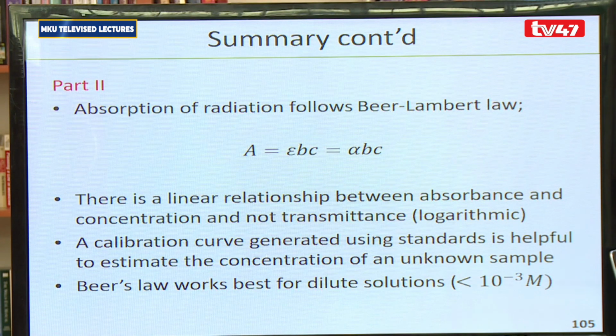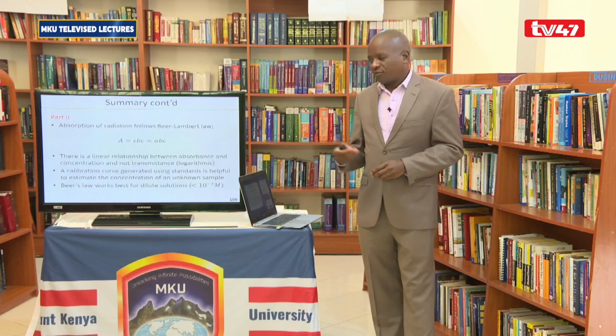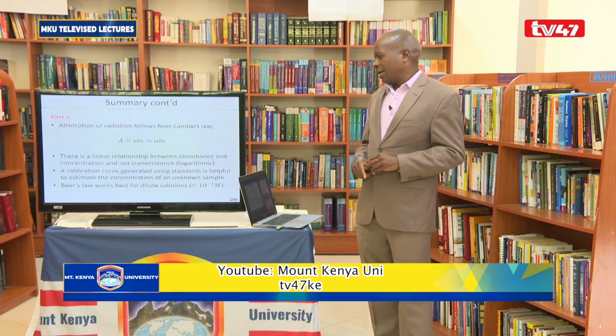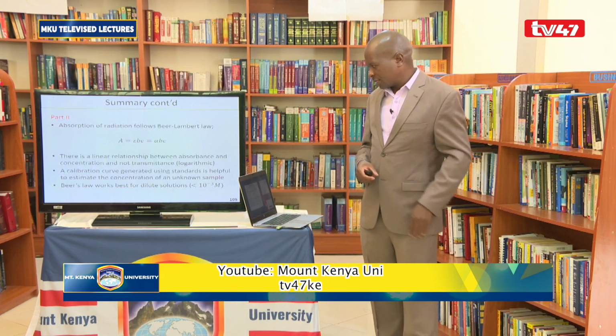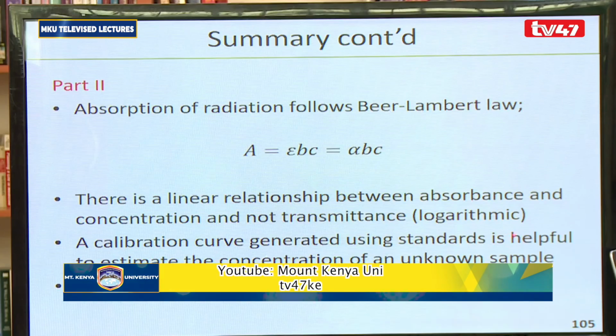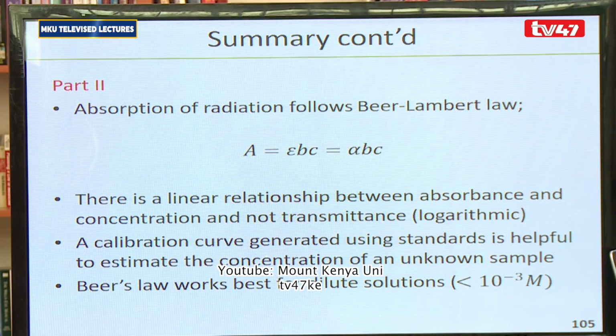And we saw there is a linear relationship between absorbance and concentration, and a logarithmic relationship between absorbance and transmittance. For that reason, we usually measure absorbance and not transmittance. We also saw that a calibration curve generated using standards is helpful to estimate the concentration of an unknown sample.